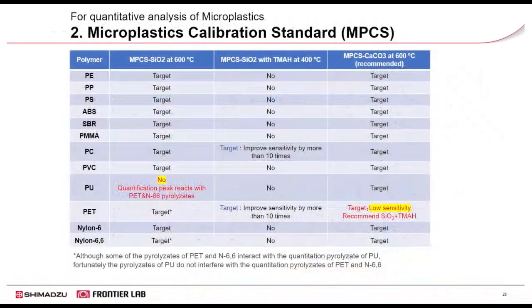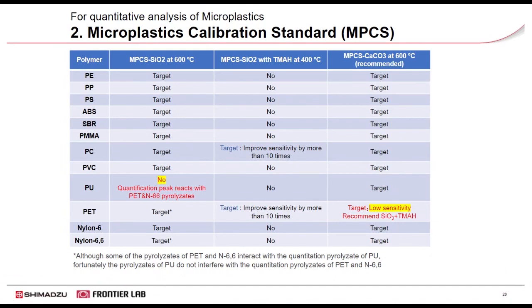This table guides you on how to select the appropriate microplastic calibration standard. You can select the type of microplastic calibration standard based on your target polymers. So if you don't have any target at first, you can start with MP's CaCO3 standard that can pretty much target all of the 12 polymers, but with low sensitivity to PET.